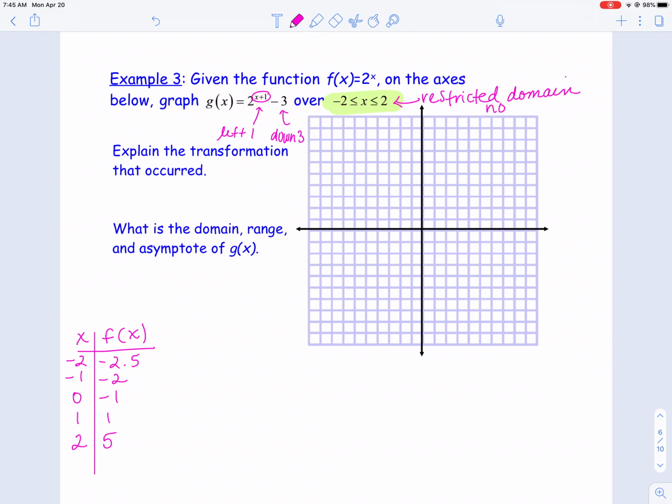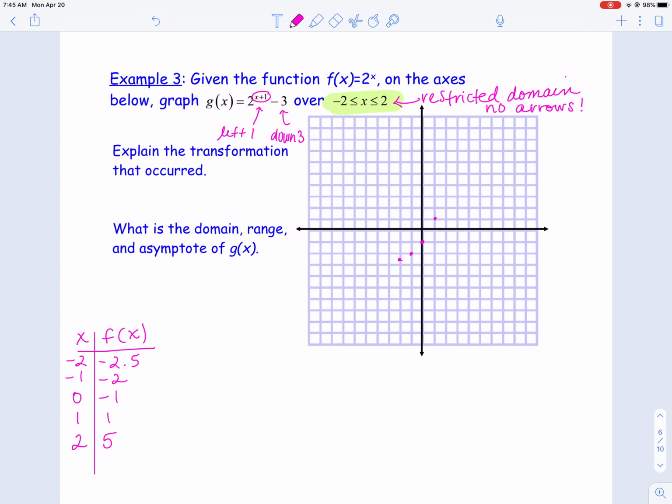And most important, you don't put arrows. So I'm going to plot at negative 2, negative 2.5. At negative 1, I'm going to negative 2. At 0, I'm down at negative 1.